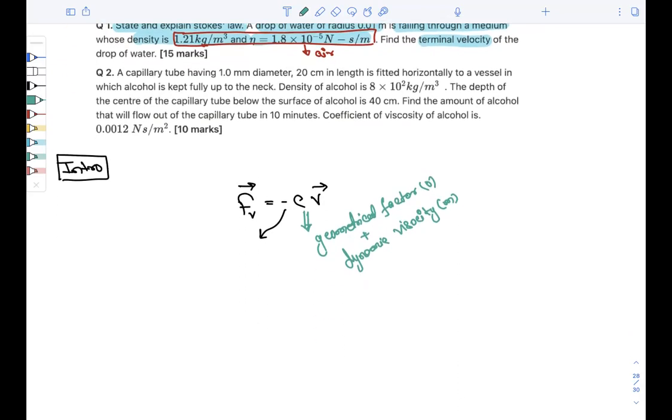And while stating this, Stokes states that the value of C is 6πηr for a spherical object.